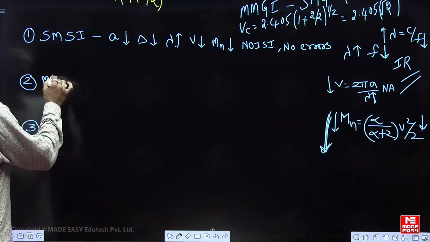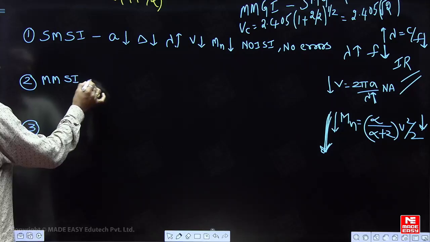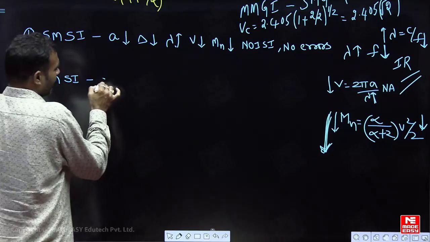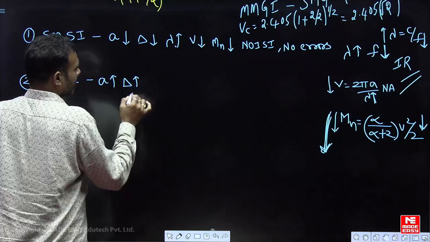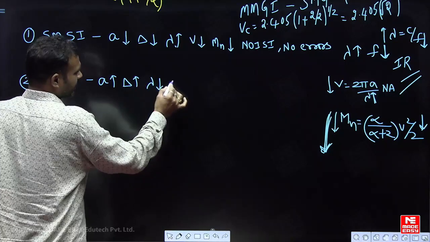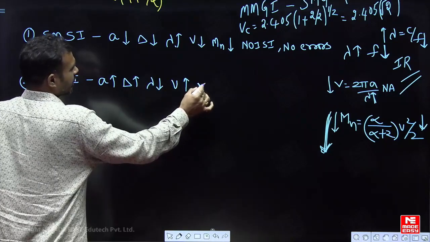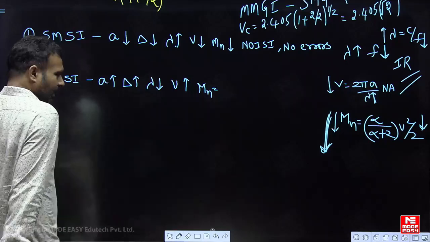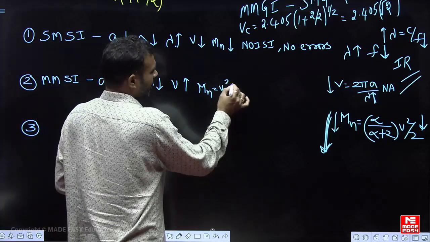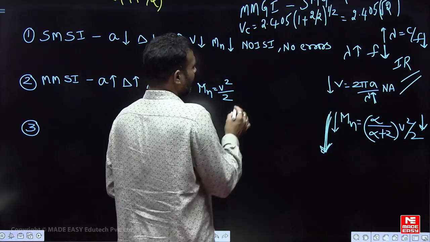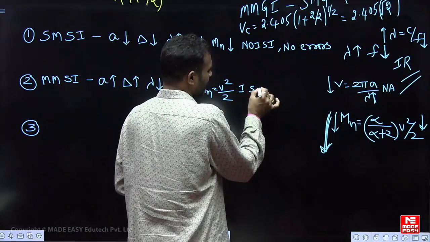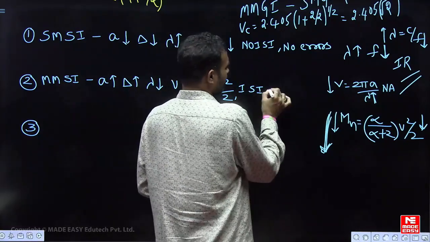Next one, see here, MMSI fibers. Dear students, concentrate a little. The value of A is large, delta is large, lambda is less, V is large, number of modes are high, and the number of modes is given by the formula V square by 2. ISI exists.